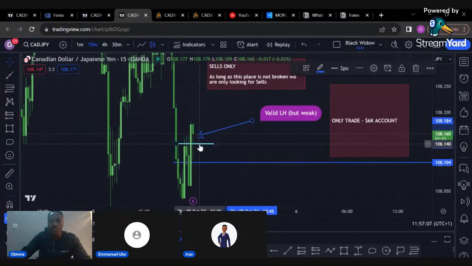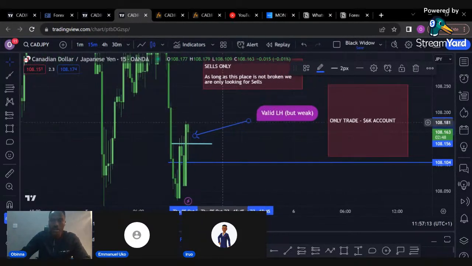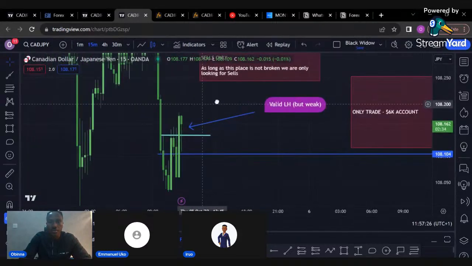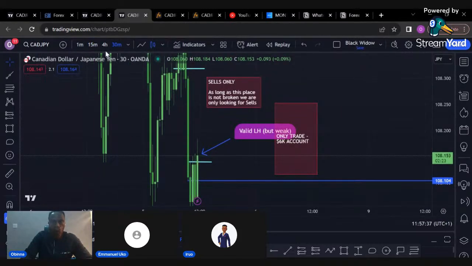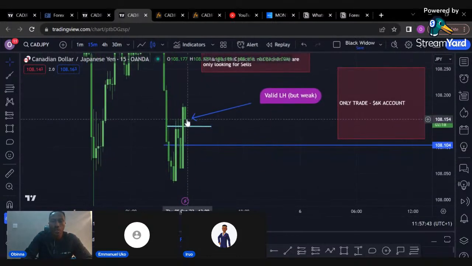If price stays above this key level here, so this is a lower high, if price stays above this lower high, then I'll be looking for buys. That is my plan of action. Then my TP will be around this place. As long as price is staying above this place, I'll be looking for buys.